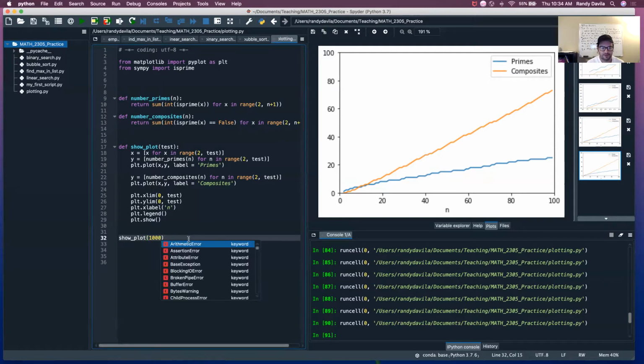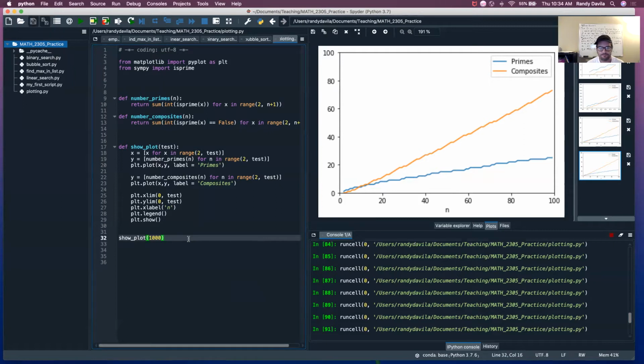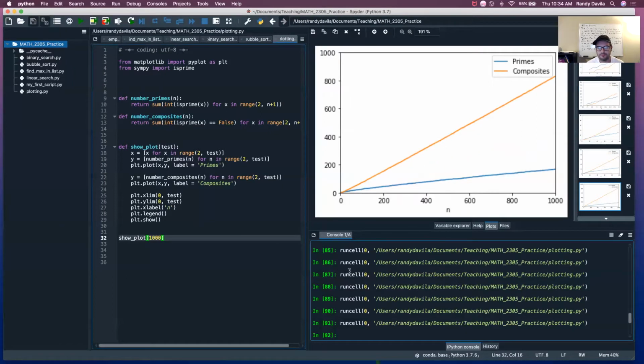What if we go up to 1,000? It takes a while to run, and then we see that the number of composites keeps on growing, but the number of primes is kind of dying off. Is it ever going to be over 200? Let's go to 2,000.